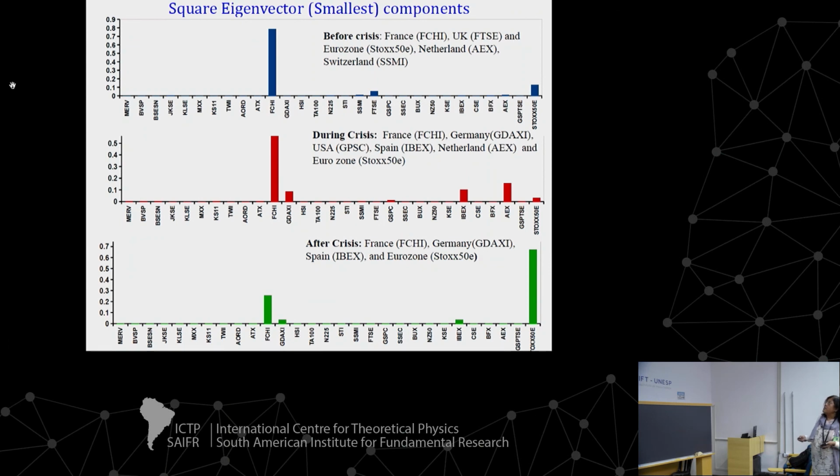And after the crisis, it changes, but France, Germany, Spain, and the Eurozone. Okay? So it looks like more countries come together during the crisis when you look at the smallest eigenvector components.